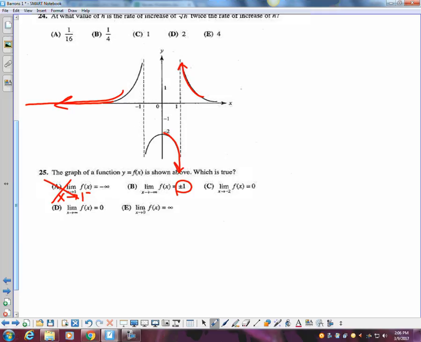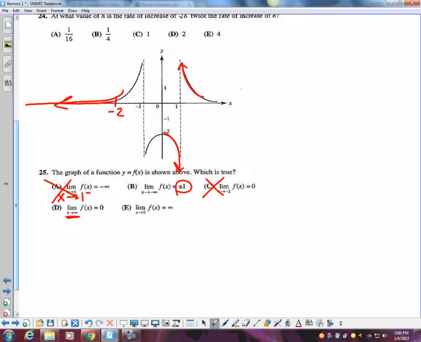Okay? As x approaches negative 2, negative 2 is not even on here. There's negative 2. Where are we headed? At negative 2? Not past negative 2, at negative 2. Isn't it just a smidge above 0? So I'm not headed to 0.